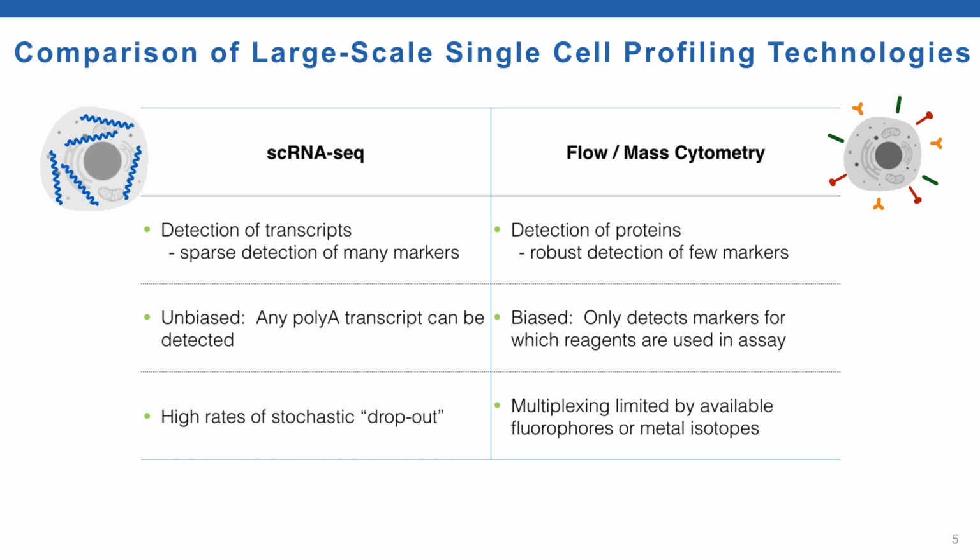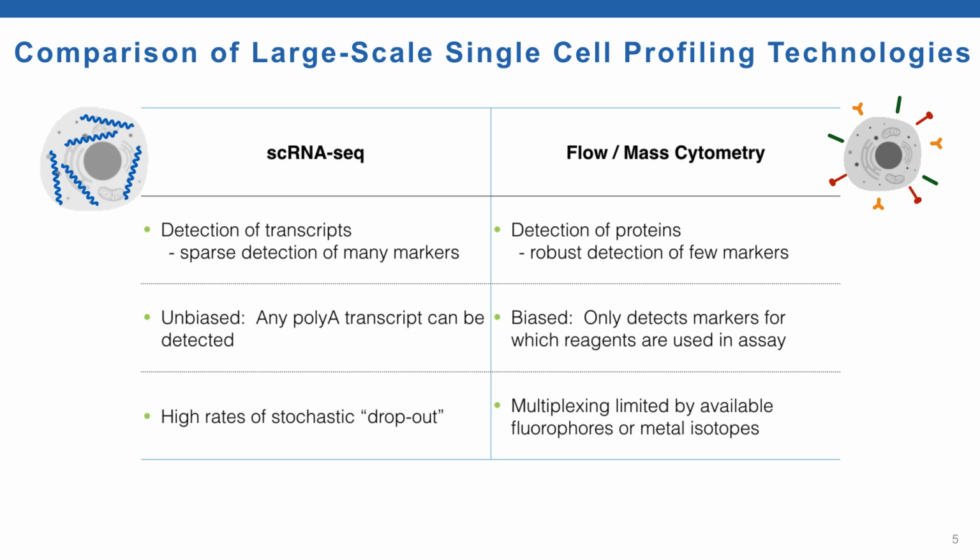These methods are very similar to each other, but the basic idea is that you can detect proteins on the surface of a cell, and you get extremely robust detection of a few markers. However, by definition, it's biased. You only detect markers for which you put reagents into your assay. And multiplexing is limited by the available number of fluorophores or metal isotopes, or just the ability to discriminate different fluorophores and metal isotopes from your instrument.